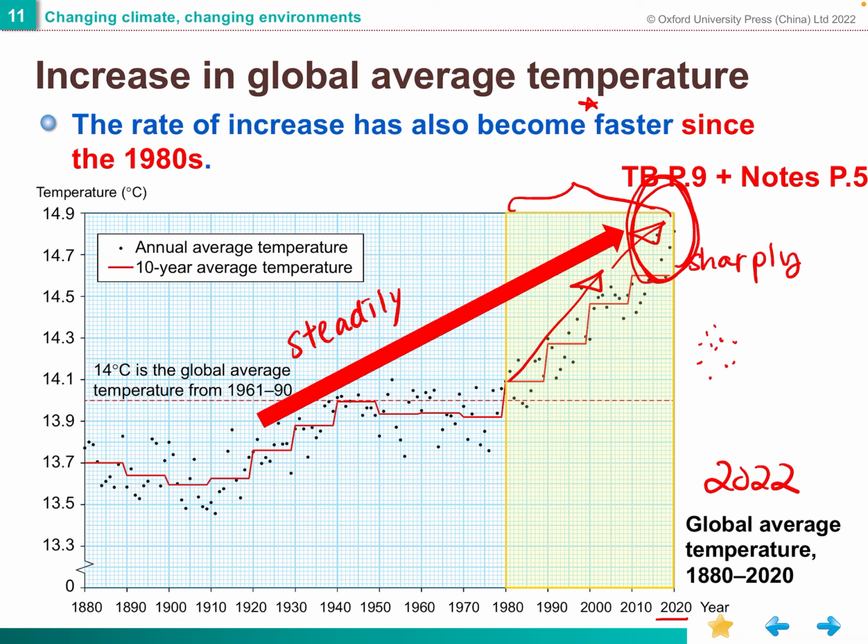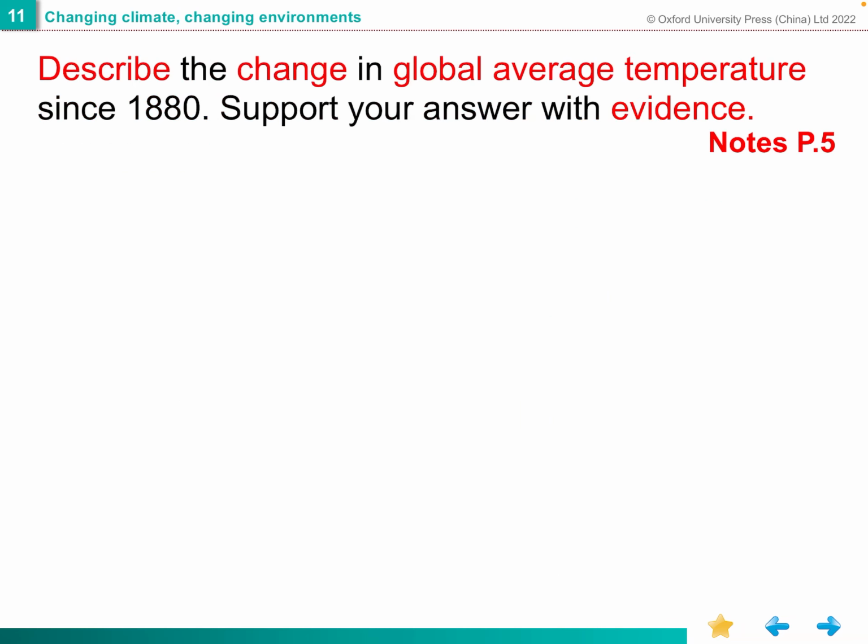Now let's write down all the ideas in your notes, page 5, fill in the blanks. I guess you all have come up with the idea. Let's go to page 5 together. Describe a change we have marked down in global average temperature. Support your answer with evidence. So let's fill in the blanks.